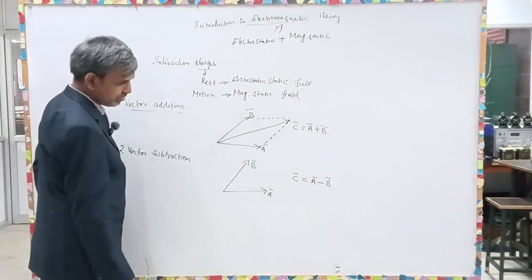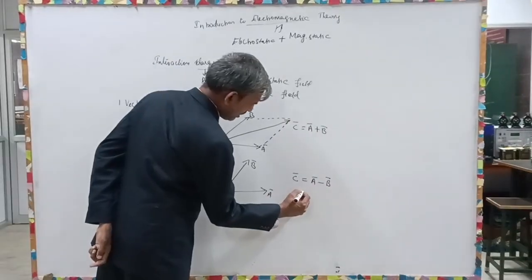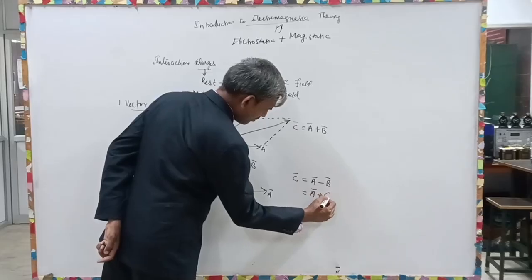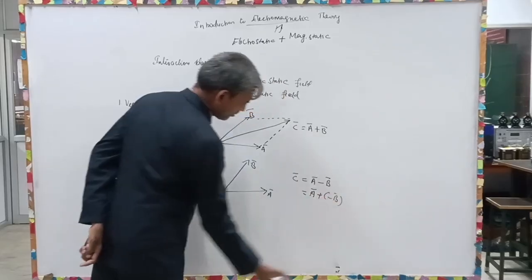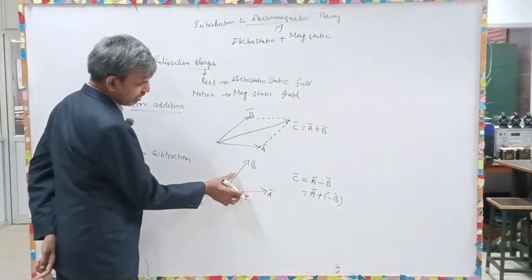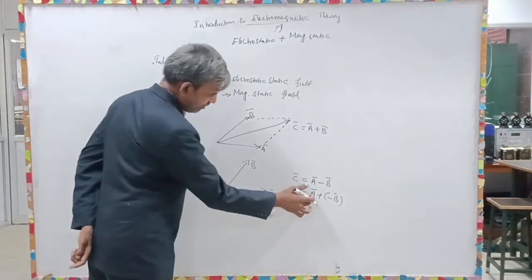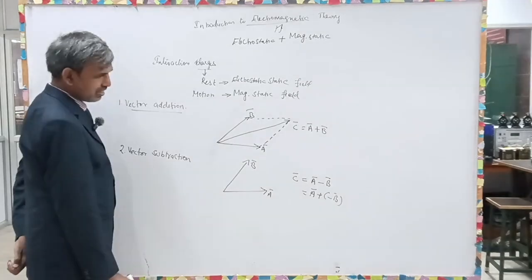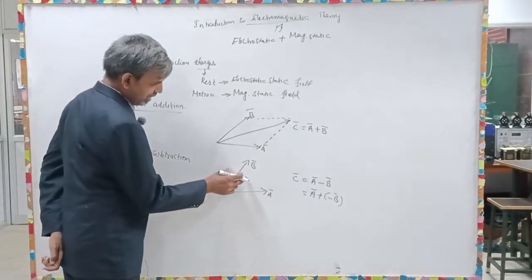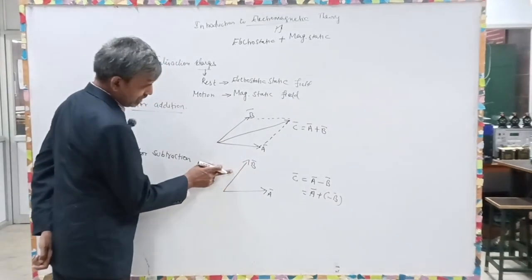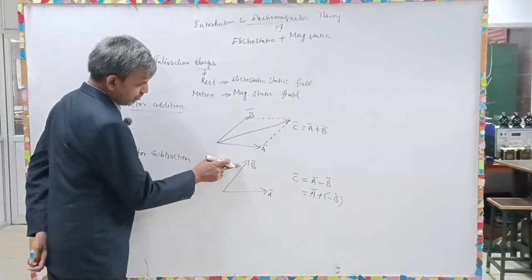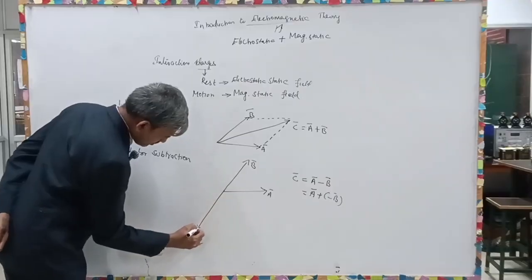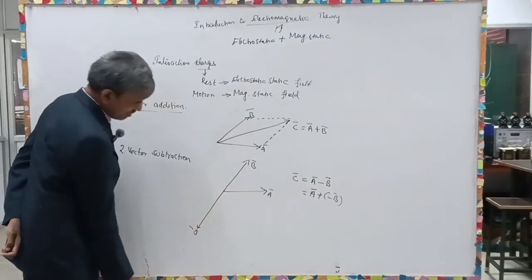To perform the subtraction, we perform the addition A vector plus minus of B vector. A vector is already there, but we need the minus B vector. To get the minus B vector, we rotate the B vector by 180 degrees. So this is the minus B vector.